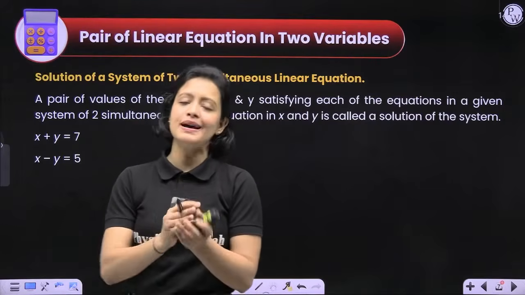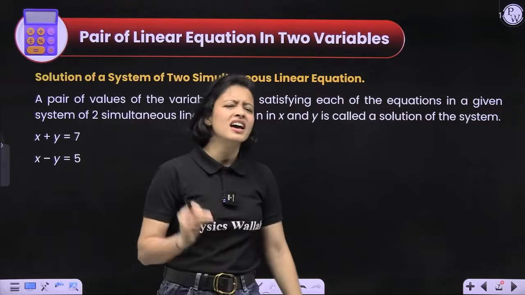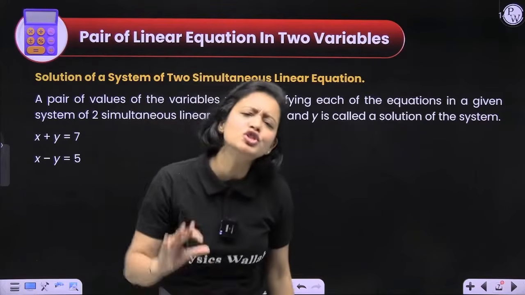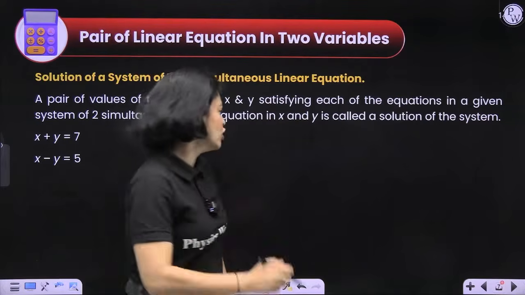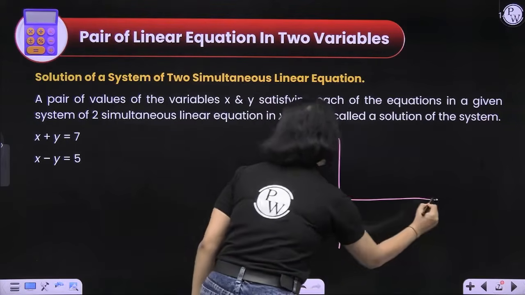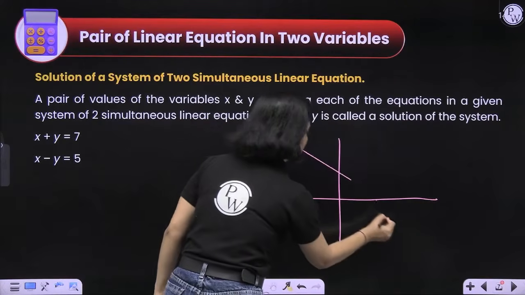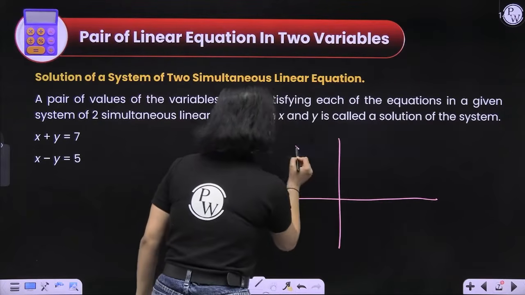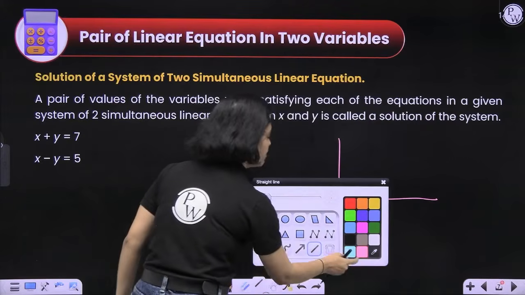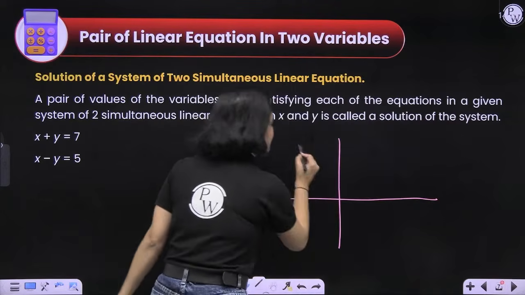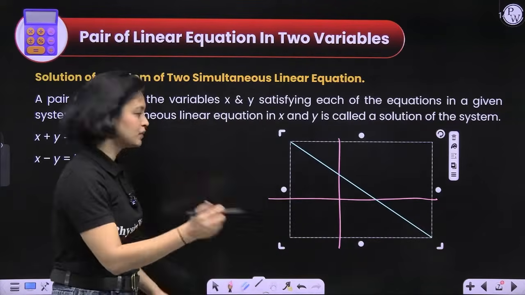ठीक है? तो सबसे पहले तो let's ask ourselves कि what would be the solution of a pair of linear equations, because we know that if I have one linear equation in two variables, then I know that I'll get one line. Right?